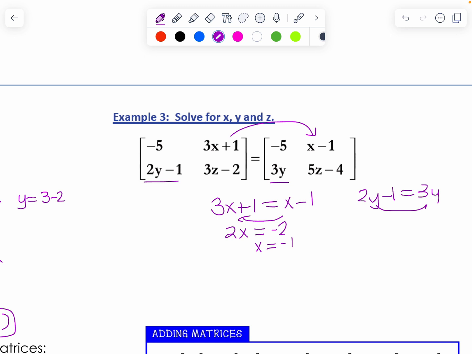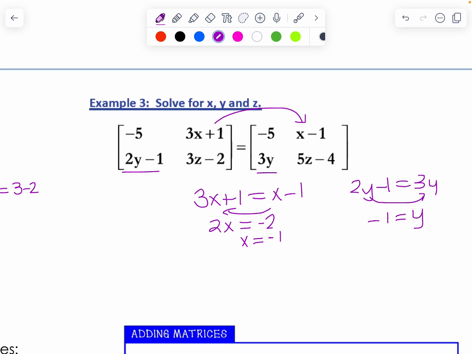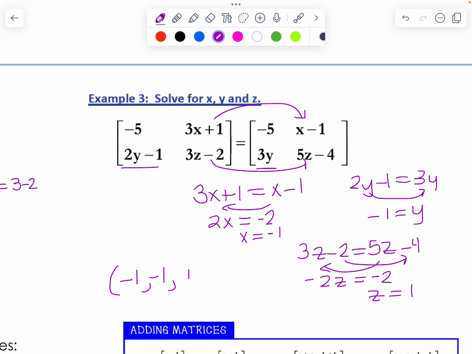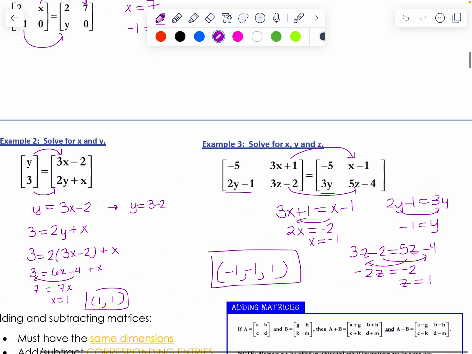So let's say I move this over here, negative 1 equals y. And then for my last one, I have 3z minus 2 equals 5z minus 4. So let's move this over here. I have negative 2z equals, I'm going to add, negative 2z equals 1. So it looks like I have negative 1, and 1. I know I'm going through these kind of quickly, but feel free to pause the video and review it if you need to.